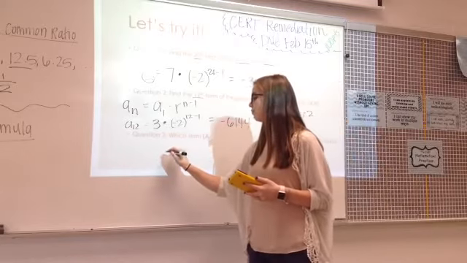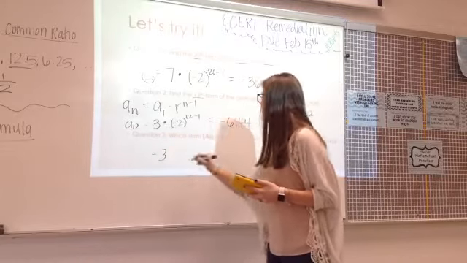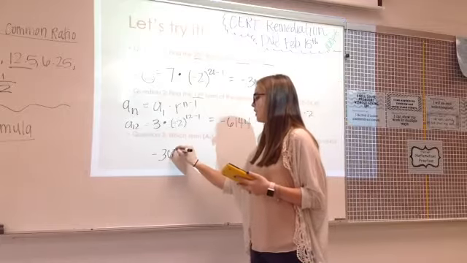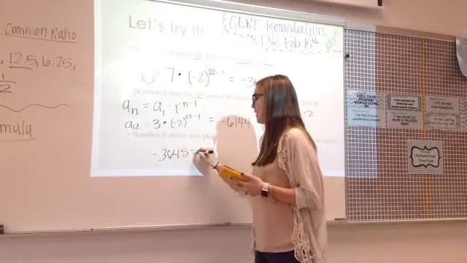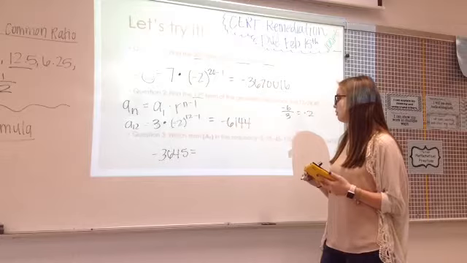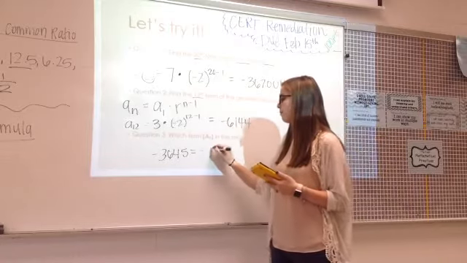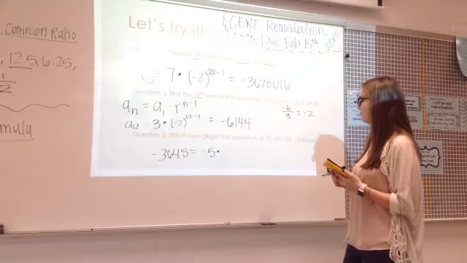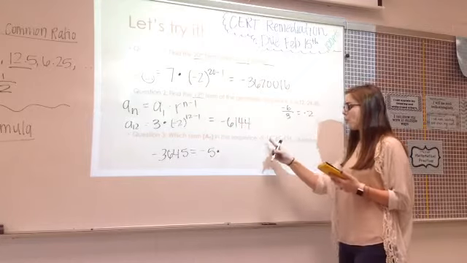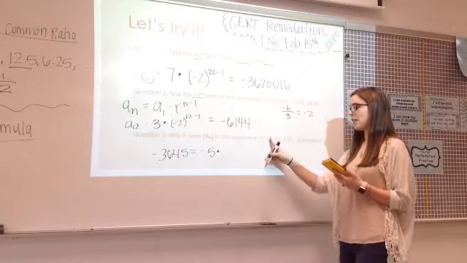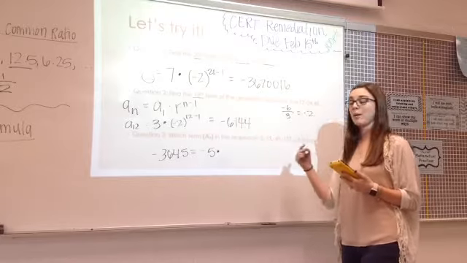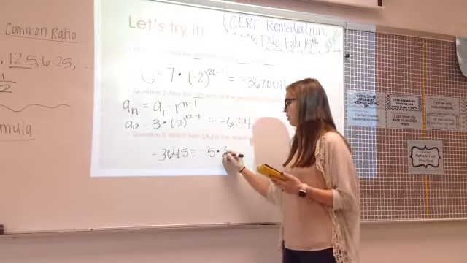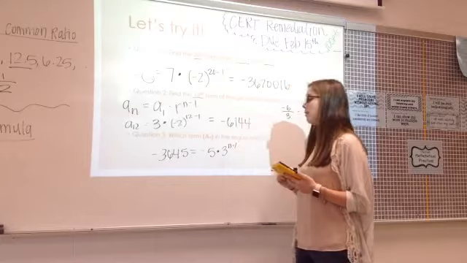So we know -3,645 is equal to our first term times our pattern, so going from -5 to -15, that's multiplying by 3, to the n minus 1.